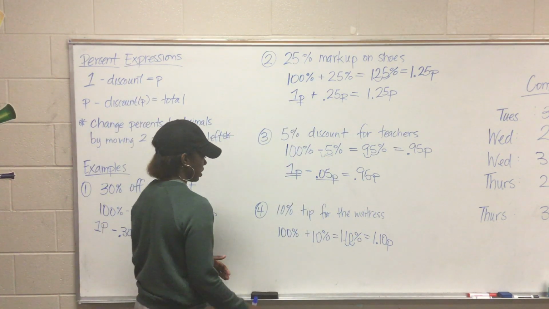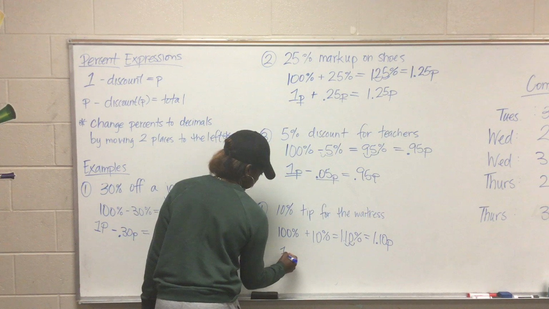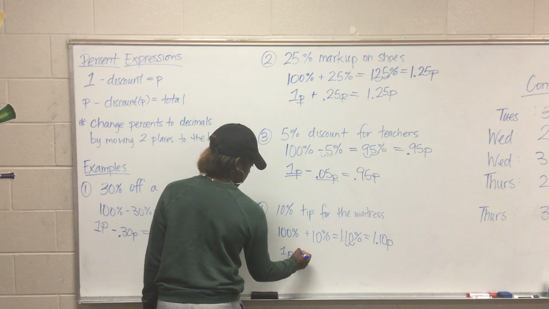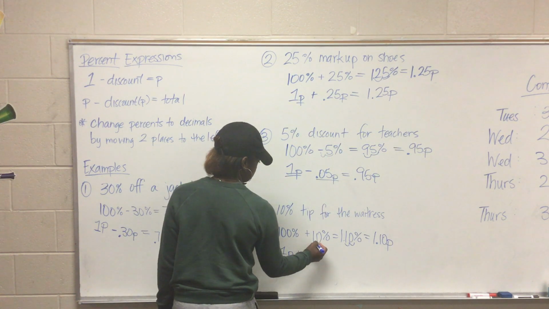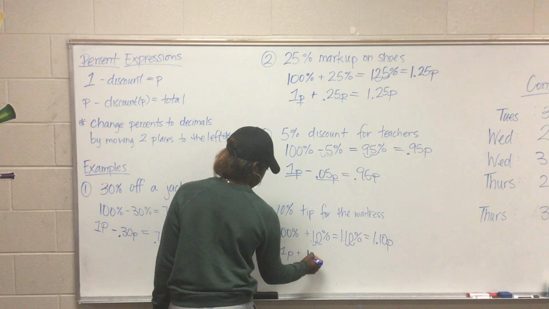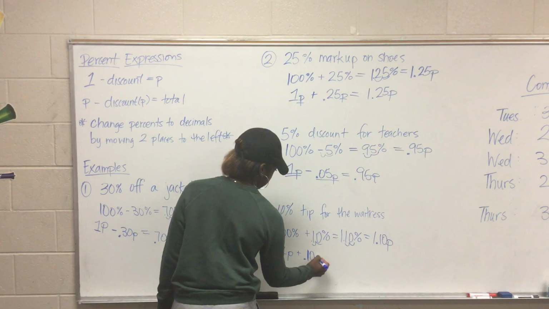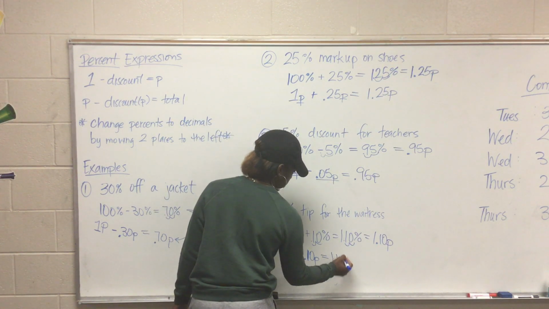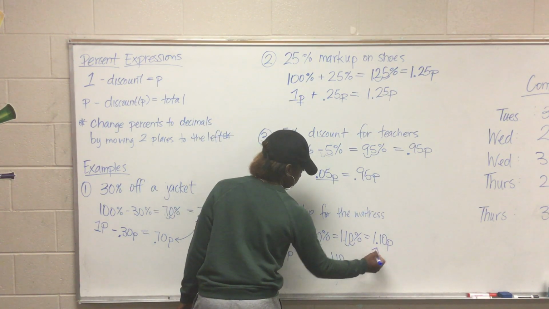Now if I wanted to do it the other way, I have 1P plus, move this decimal twice to the left, that's 0.1P. If you add those and combine like terms, you still get 1.10P.